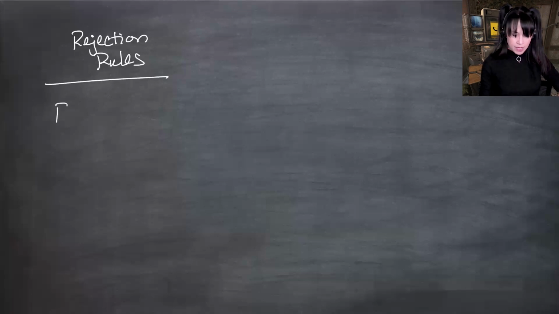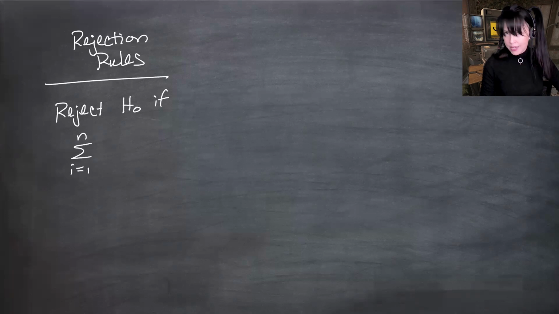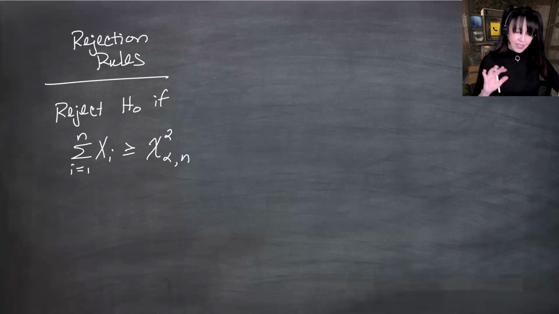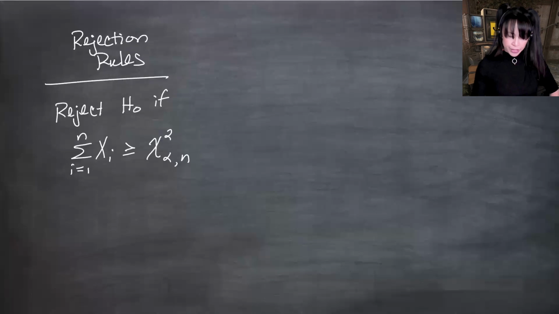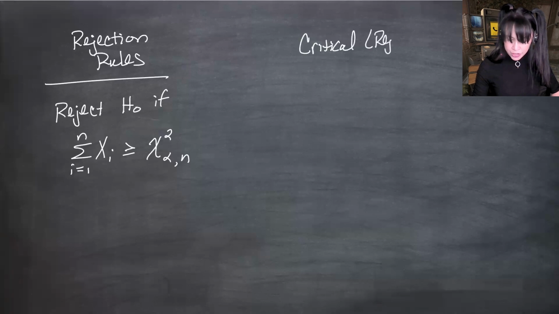This might be something like, I am going to reject the null hypothesis if the sum as i goes from 1 to n, I'm just making this up, of the xi is greater than or equal to a chi-squared critical value that cuts off area alpha to the right with n degrees of freedom. This rule is now going to turn into a rejection region or critical region.